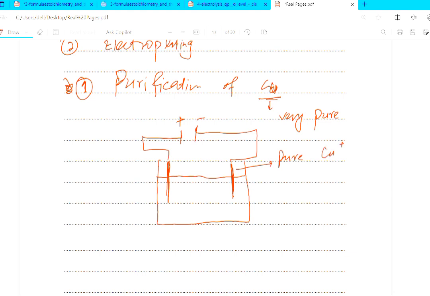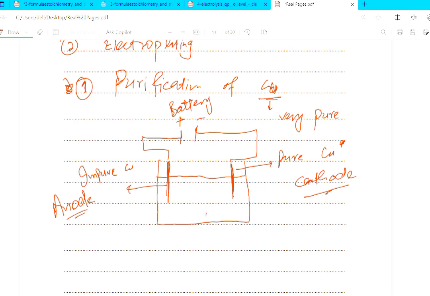This is the impure copper, this is the anode, and this is the cathode. This is the battery, and here we take an aqueous salt of copper. So we simply take copper sulfate aqueous.